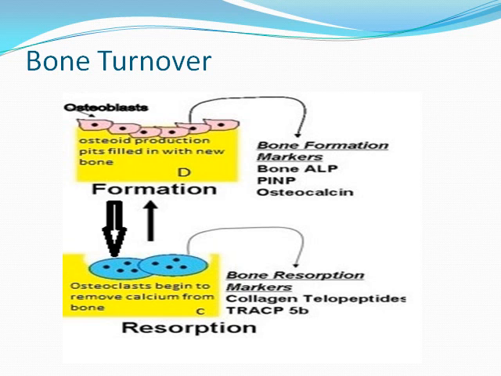In this particular slide, the big arrow going down indicates that there's more resorption going on than there is formation, but eventually the formation will catch up with the resorption as the osteoblasts begin to fill in the pits made by the osteoclasts with new bone. So they end up balancing. So you have so-called coupled or balanced bone turnover.